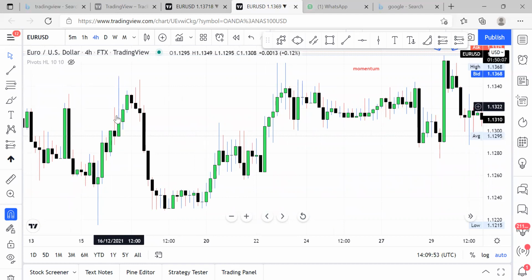Now we've got the first sign that the trend is about to end, because we've got a big wick and small body. Then a momentum candle again, and another momentum candle. But if we look around about here, we've got a momentum from the downside.